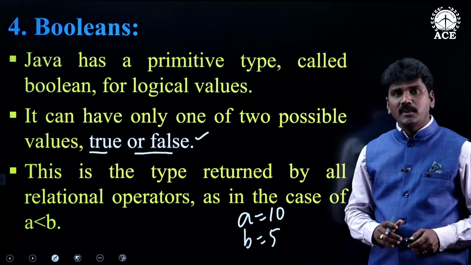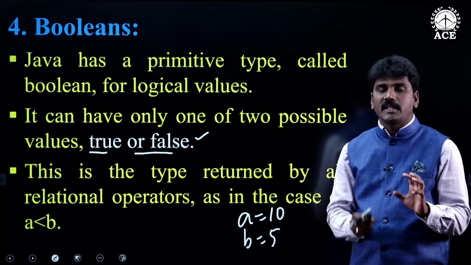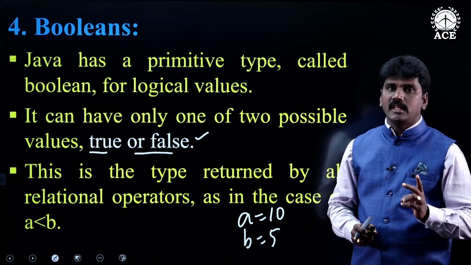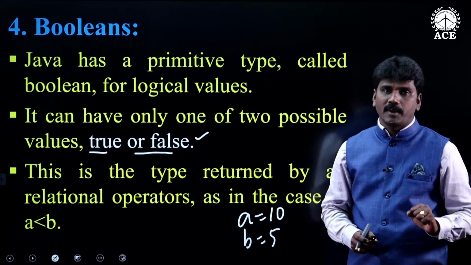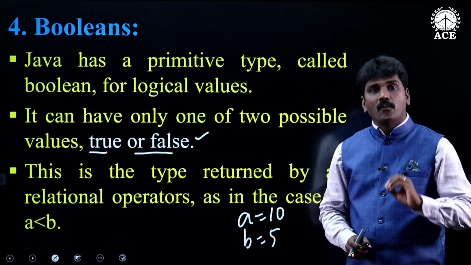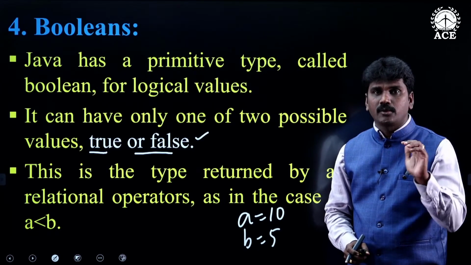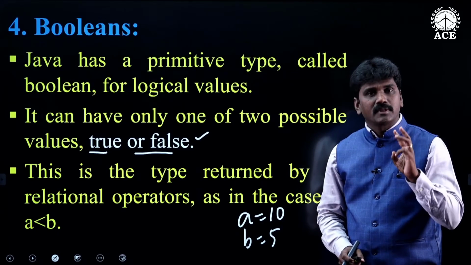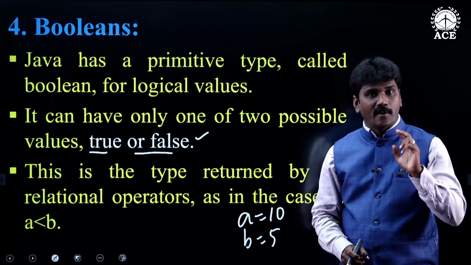Till now we have discussed the most important concept, the data types. Under that there are two categories: primitive and non-primitive. Under primitive we have discussed 8 data types. Under the integer group, 4: byte, short, int and long.